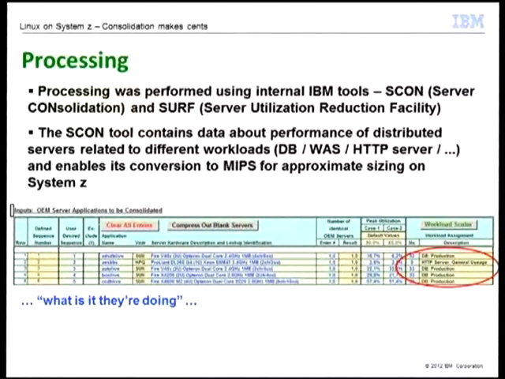And then, very important thing, you need to know what it is these servers are doing. So it's not the same if you have an 8-core server running database and if you have the same server web serving HTTP, because the workload characteristic is different. And for the database load, the mainframe will shine more than for the web workload.